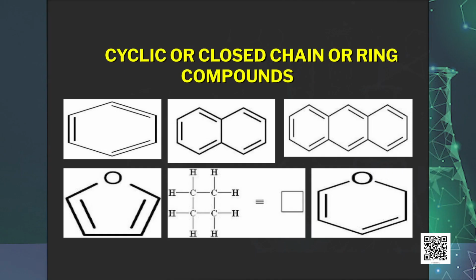Next is cyclic compounds. These compounds are also known as closed chain or ring compounds. These compounds contain one or more closed chains or rings of atoms in their molecules, namely cyclopentane, benzene, anthracene and so on. Depending upon the constitution of the ring, cyclic compounds are further divided into two categories.